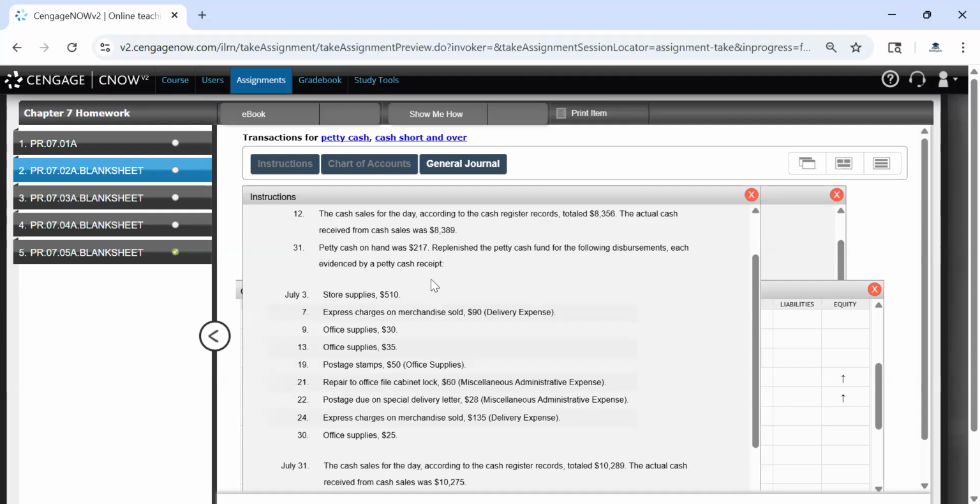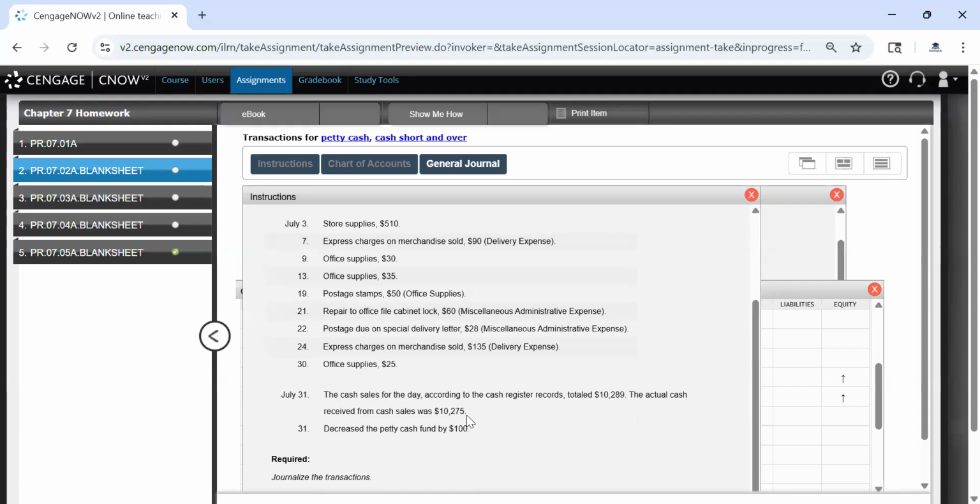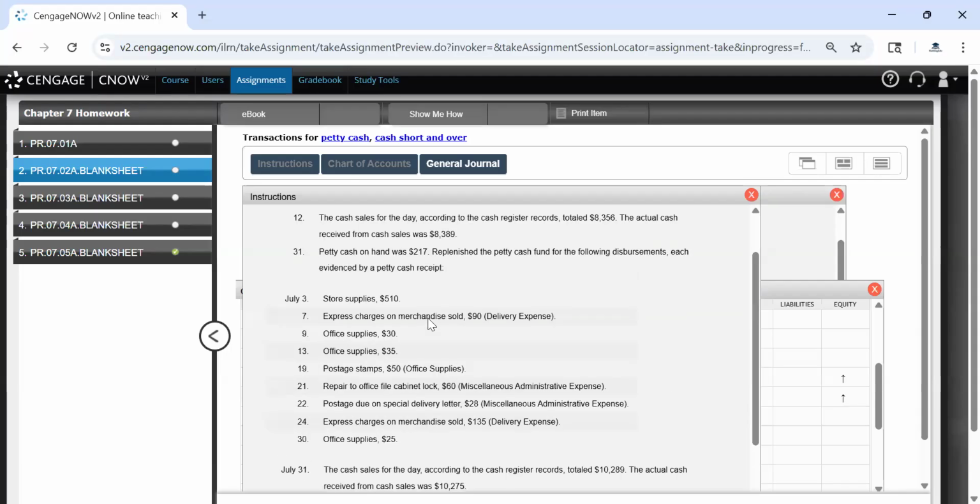Oh, and then we're also going to have another cash sales later here, but the petty cash on hand on the 31st was $217. And so we replenished the petty cash fund for the following disbursements, each evidenced by a petty cash receipt.